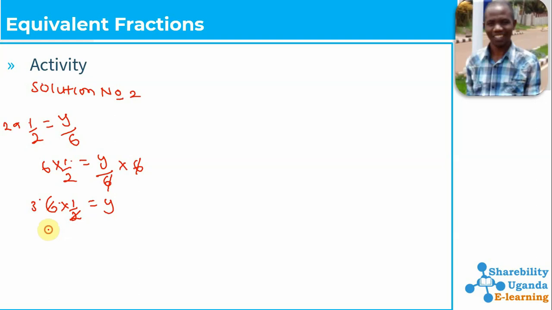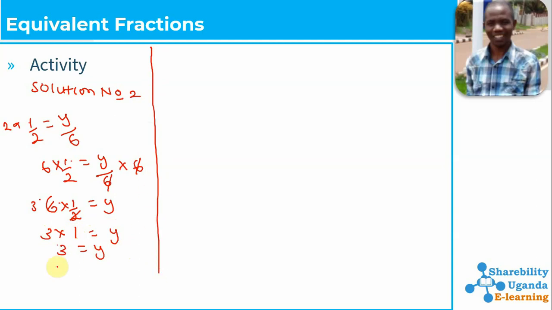So this simply means we have 3 times 1 is equal to y. Then 3 times 1 simply means 3 is equal to y.